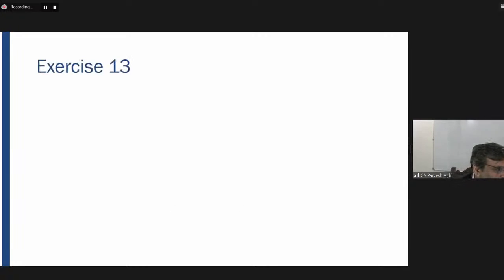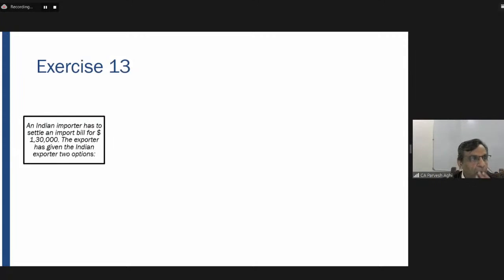Now we go to yet another question, exercise number 13. This is another exercise which we'll be doing. An Indian importer has to settle an import bill for $1,30,000.